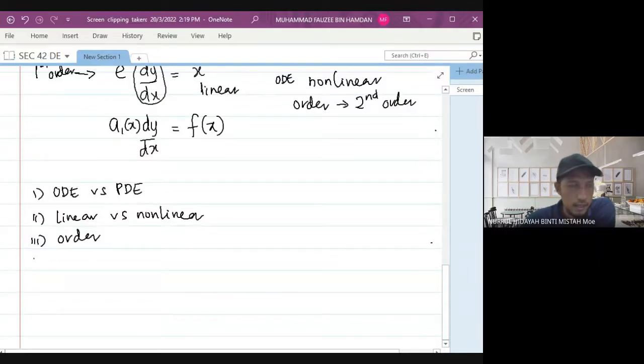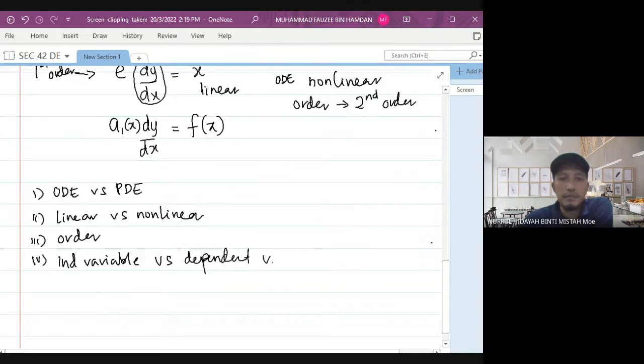And the last one is how to identify the independent variable versus the dependent variable. Okay, so these are four basics, maybe we can say the knowledge about the ODE.